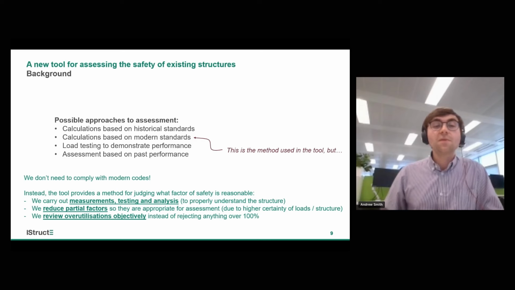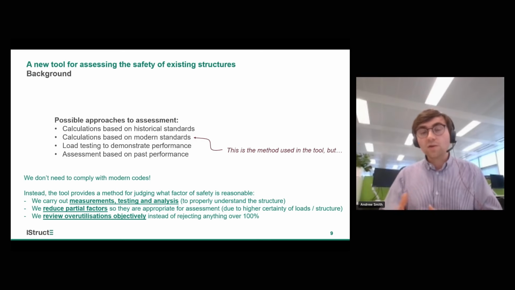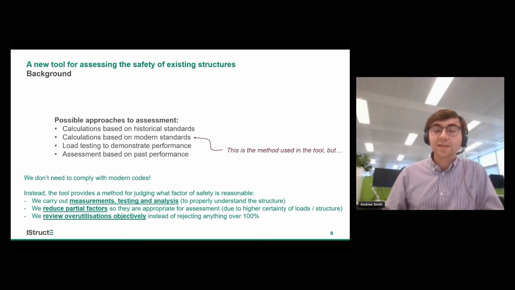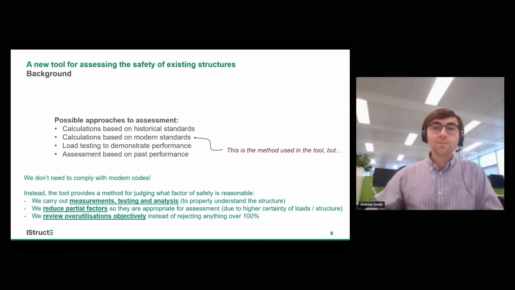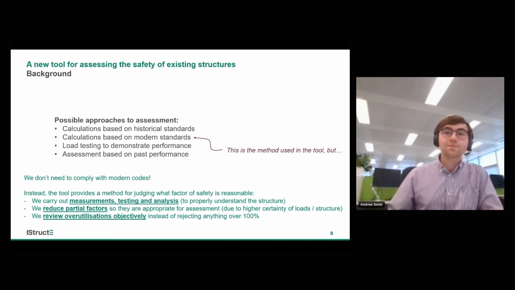And then finally, we can take a step back, look at the overall utilization that we're getting at the end of those calculations. And instead of rejecting anything that's over 100% utilized, we can look at it in a more objective way and say, right, well, how serious really is it if we're slightly over 100%? And I'll go through each of those in more detail in this presentation.